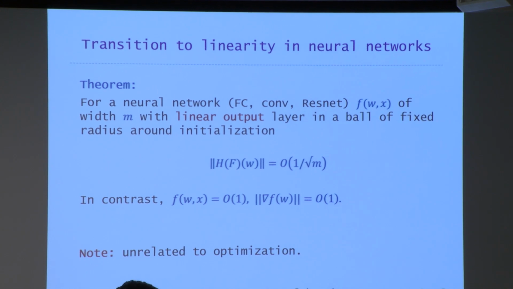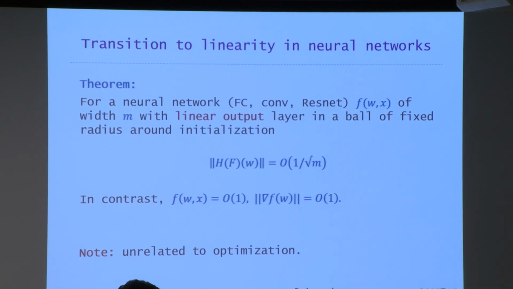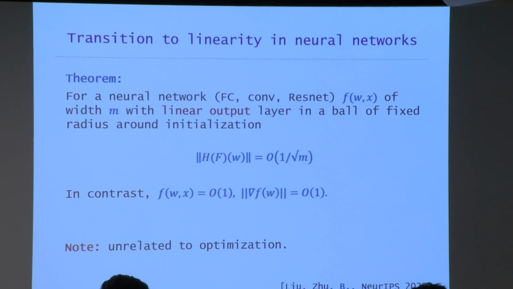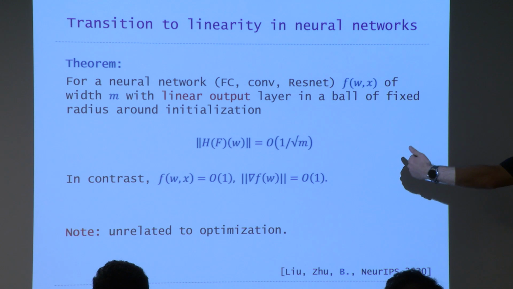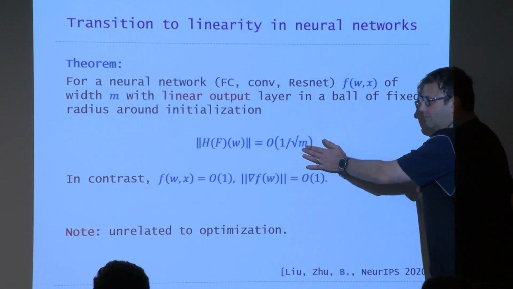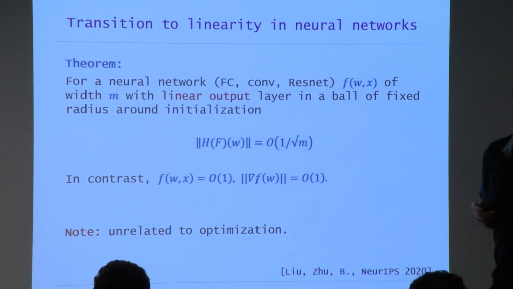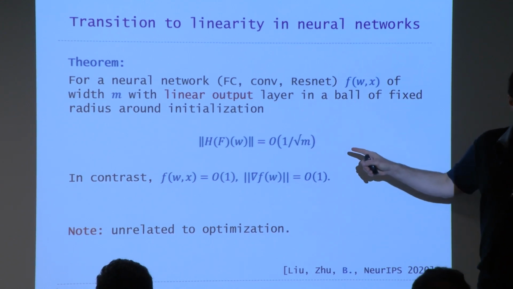So this is a theorem from our paper with Chaoyue Liu and Libin Zhu. For a class of neural networks, if they're of width m, the Hessian is bounded, with some log factors here, by 1 over square root of m.